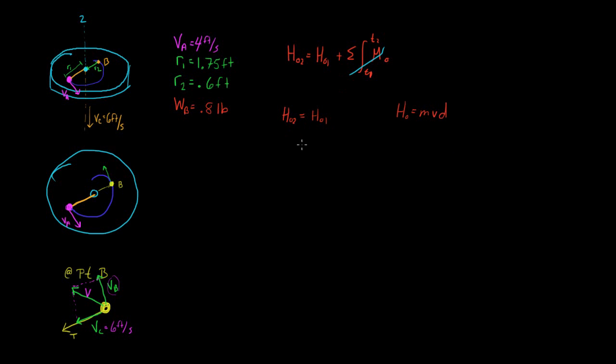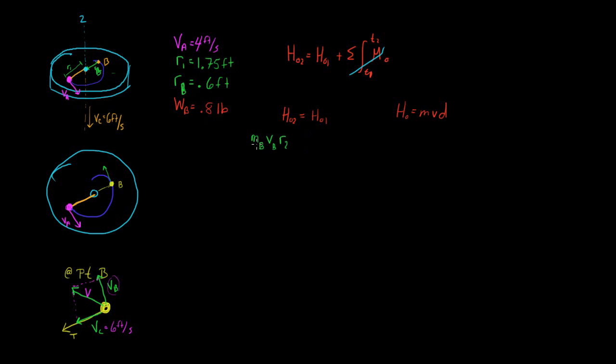So if we look at this equation, we have our mass at B times the velocity of B times this R2, and let's just call this R2 R of B, just to stay consistent.